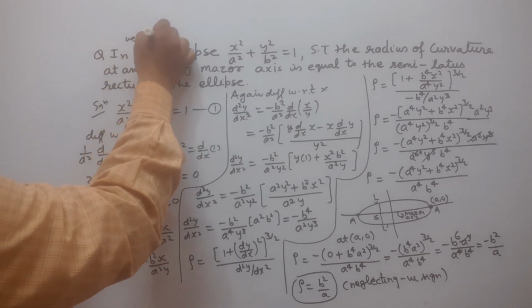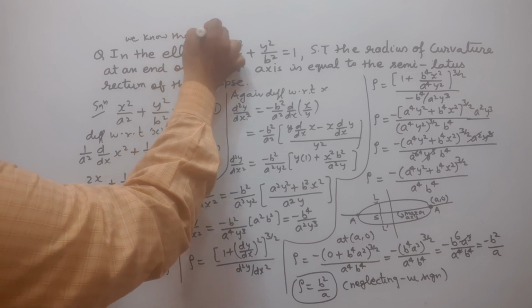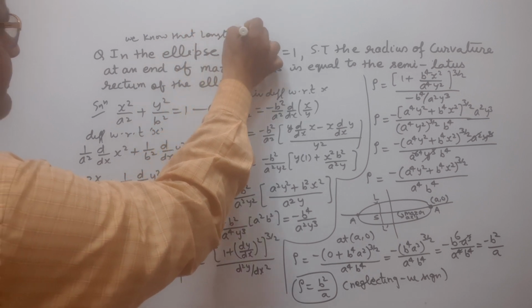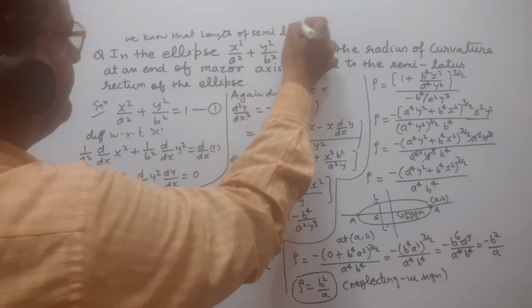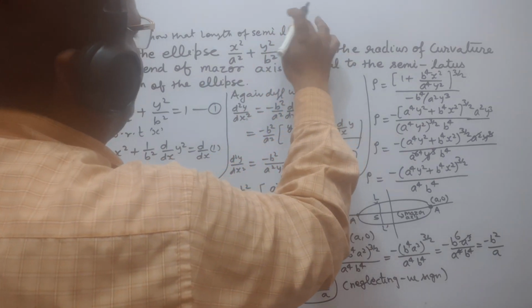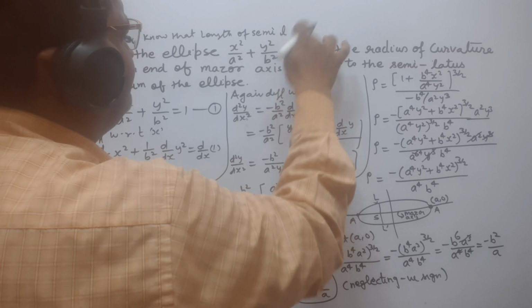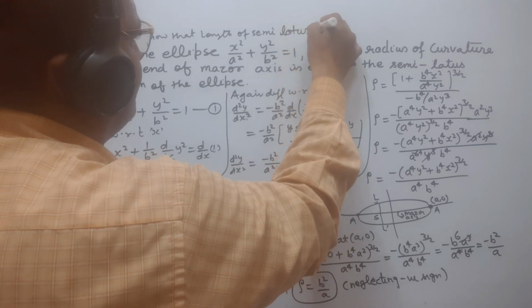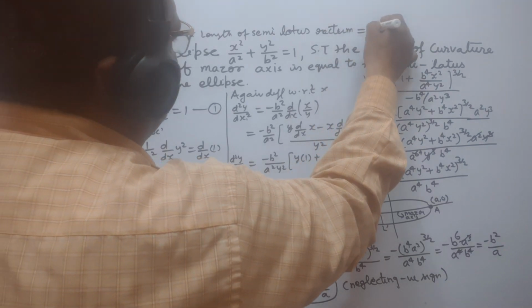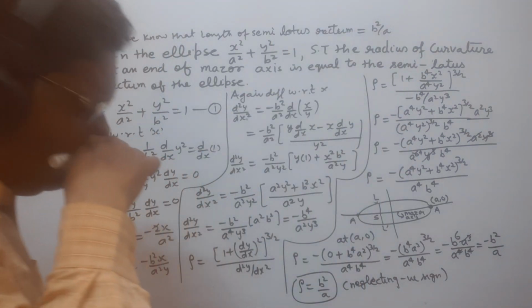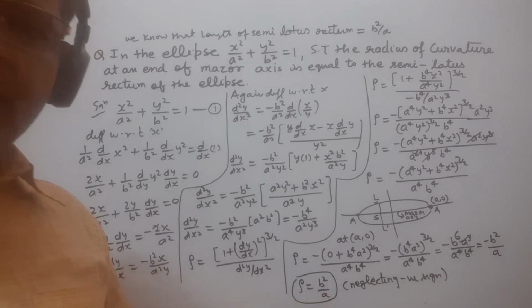We know that length of semi-latus rectum is equal to b square upon a. So here the rho is b square upon a.